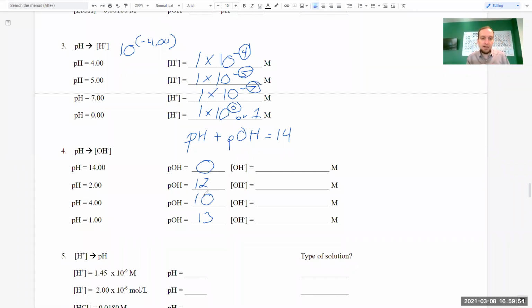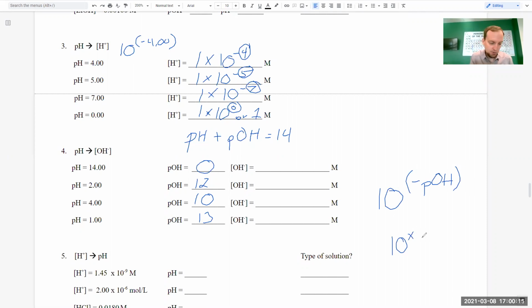All right, now that I have that, I'm going to go ahead and find my OH concentration from my pOH. So again, I'm going to do basically what I did here. I'm going to do 10 and then raise it to my negative pOH using, again, the 10 to the X button or second log.